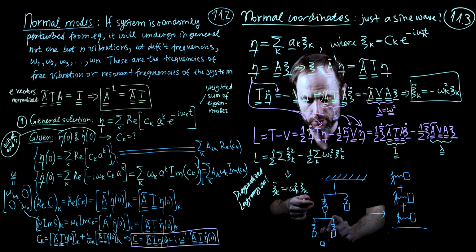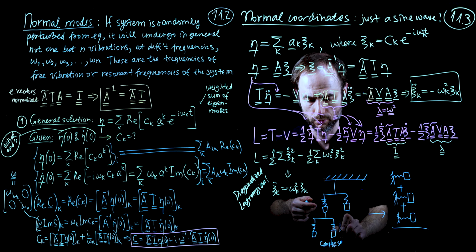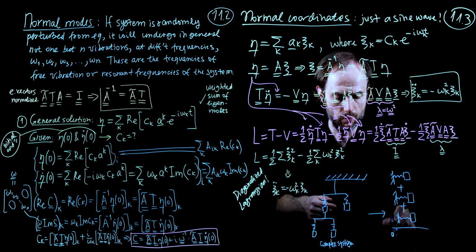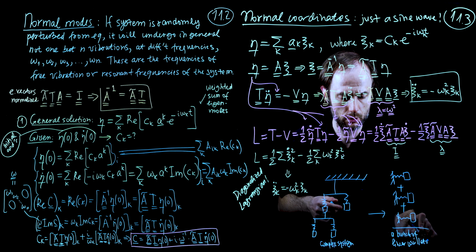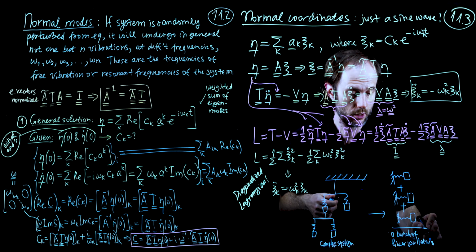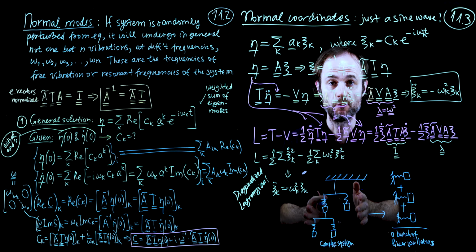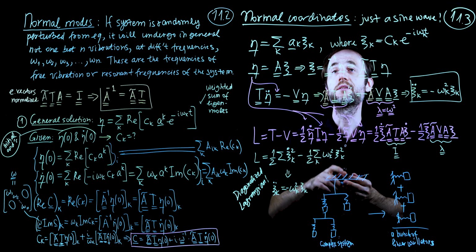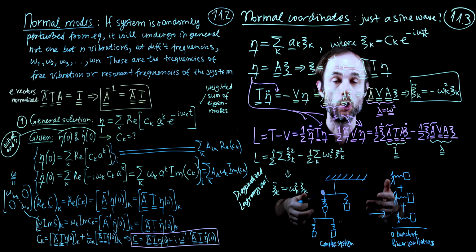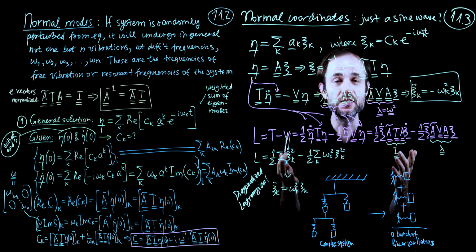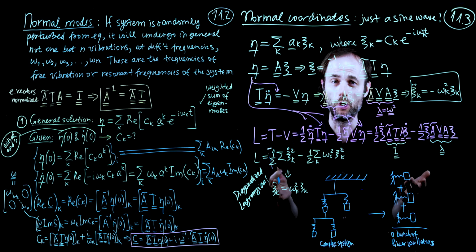So from a complex system to a bunch of linear oscillators. Amazing! We have simplified our lives dramatically. This is much more complicated than that. And this is the power of normal coordinates that allow us to diagonalize the Lagrangian and make our lives just a little bit simpler. Isn't that great? I will always take that.